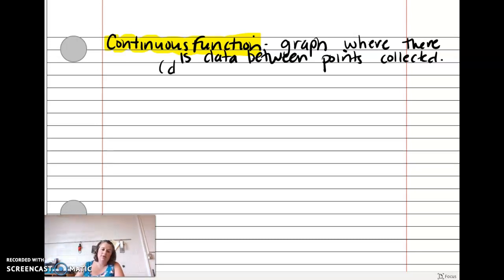And then in this case, the data points are connected.